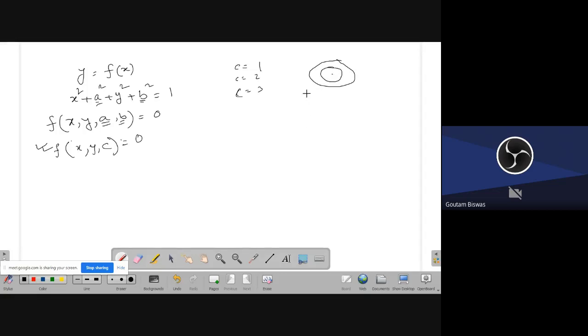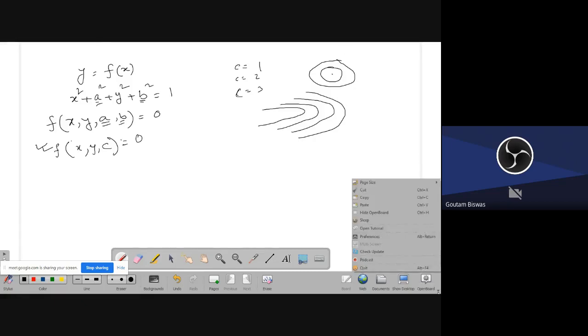But it may be like this. In this way, there may be another family of curves. So a family of curves represents a series of curves with fixed values of c.